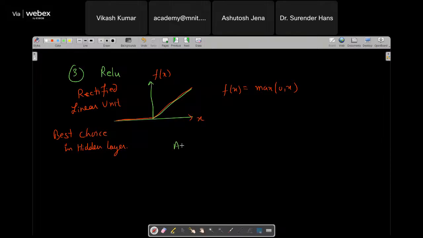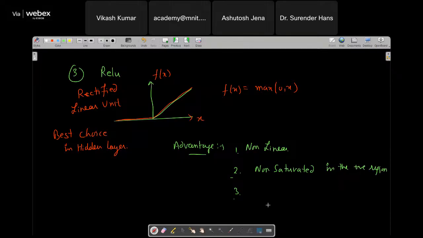Now come to the advantage side. First, it is non-linear. Second, non-saturated, which is very important. It is non-saturated in the positive region; in the negative region it is 0.